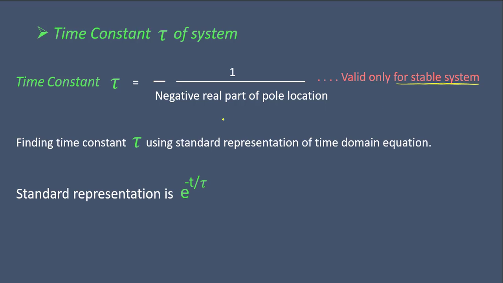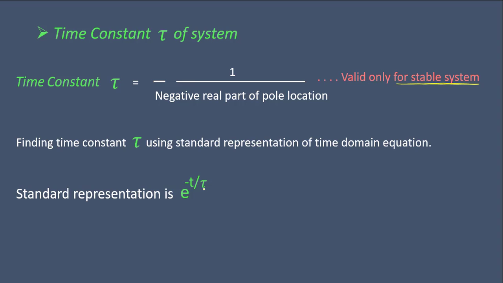There is one more method for finding the time constant tau. We can use the standard representation of a time domain equation, which is e raised to minus t by tau. If you have an equation x of t, you can compare it with the standard equation e raised to minus t by tau, and then find the value of tau.